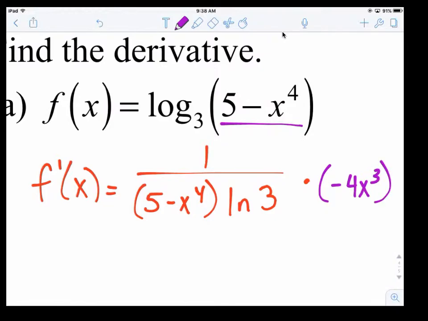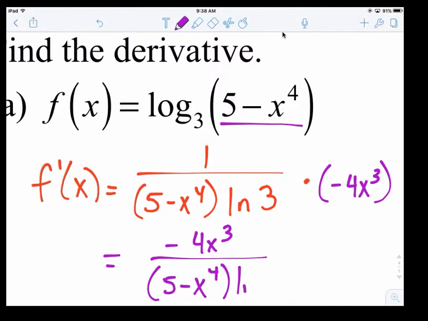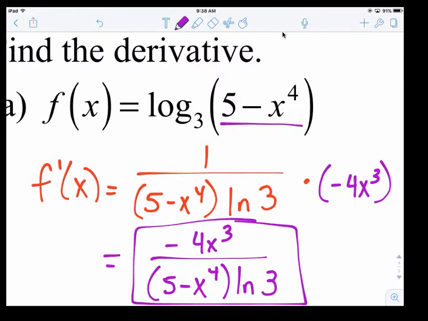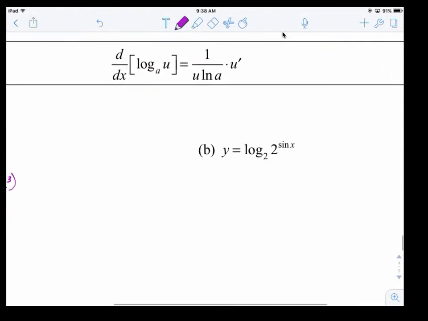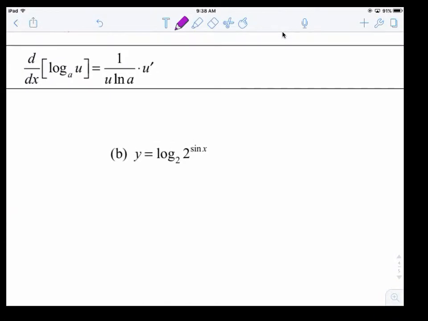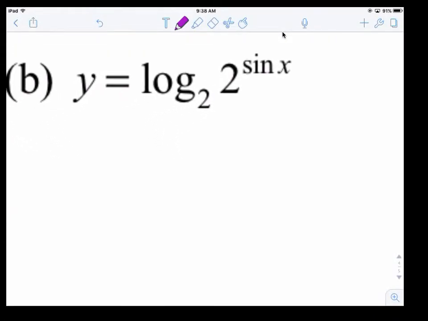Negative 4x cubed. So your final answer would be negative 4x cubed over 5 minus x to the 4th times ln of 3. And there's not really any simplifying you can do there.